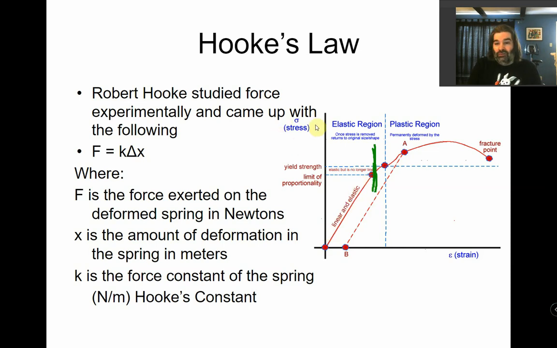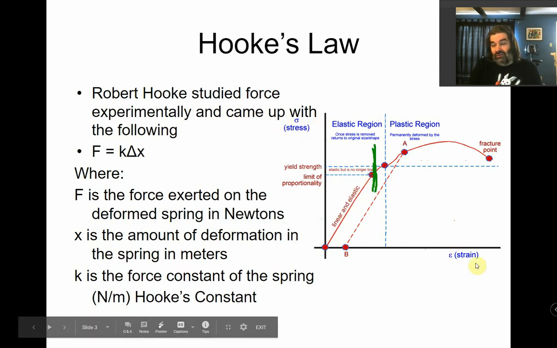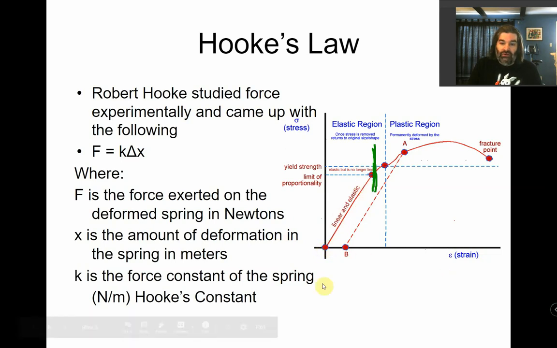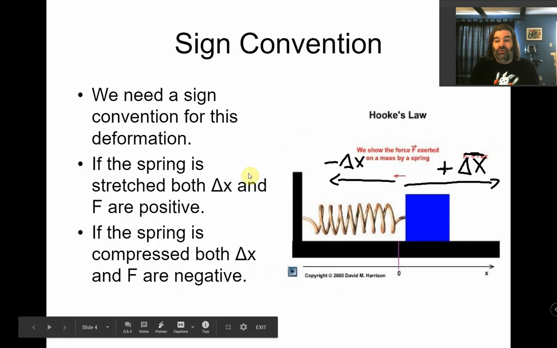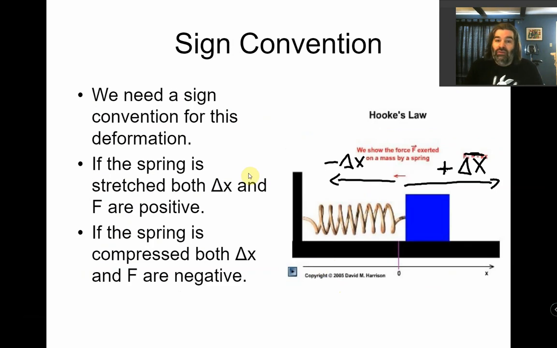By the way, the fancy word for the force is stress. The fancy word for the stretch is strain. So for most things, it would be linear. The first thing we need is a sign convention, because keep in mind things like springs can be stretched or compressed. So we can have a change in position, a delta x, in two different directions.